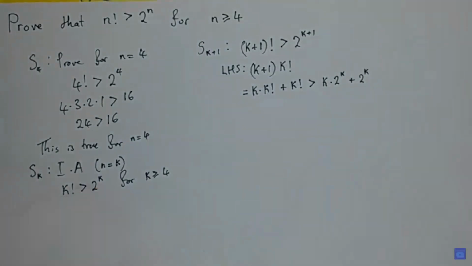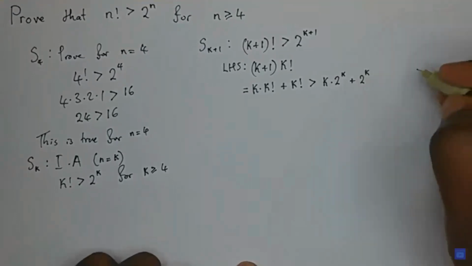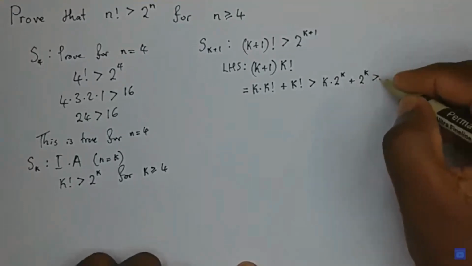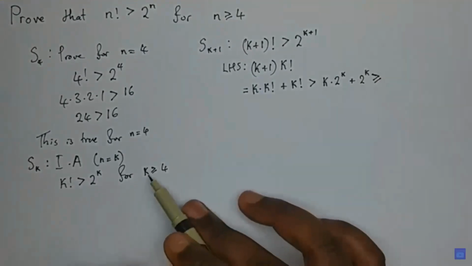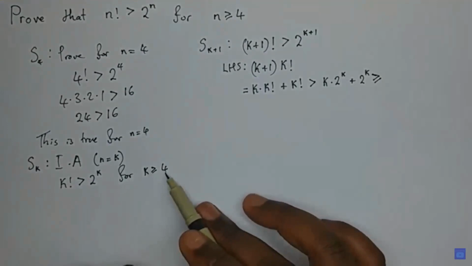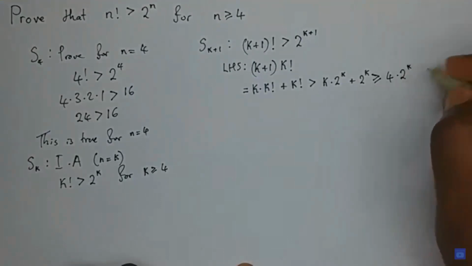Okay, so now from there, we're going to simplify it even further. The idea that we're going to use now is what we found just now. We're going to say this whole expression is greater than or equal to, and the idea I want to bring in now is this one here. We know that k is greater than or equal to 4, meaning that where there's k, we can put 4 multiplied by 2 to the k plus 2 to the k.